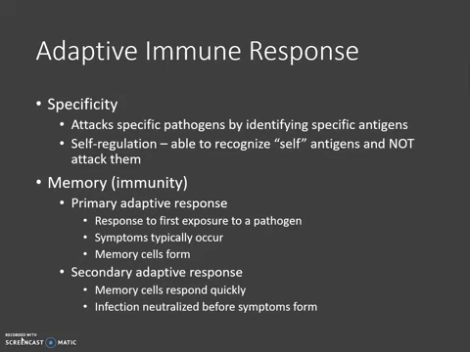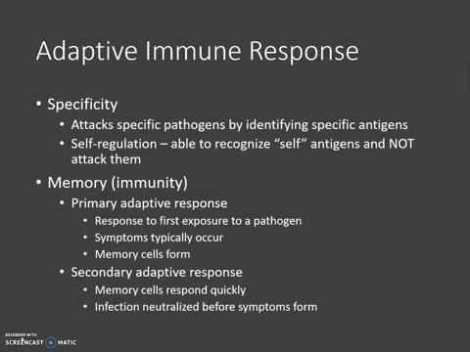The other benefit of the adaptive immune response is that there is memory that builds up. What this means is that the first time you're exposed to a pathogen, you are likely to have symptoms as your body fights off that pathogen.